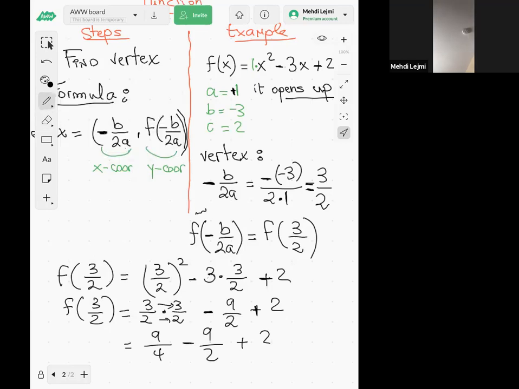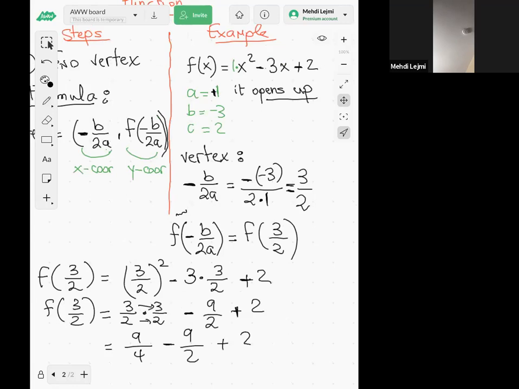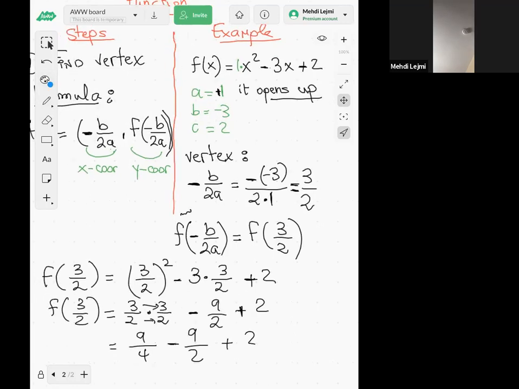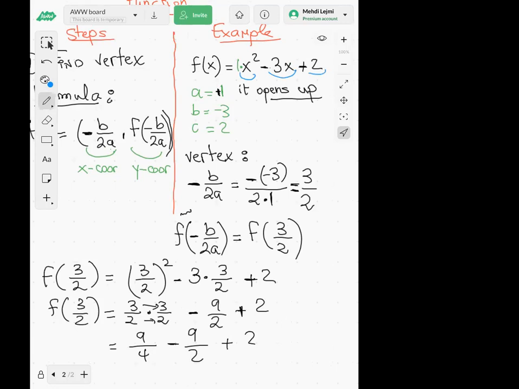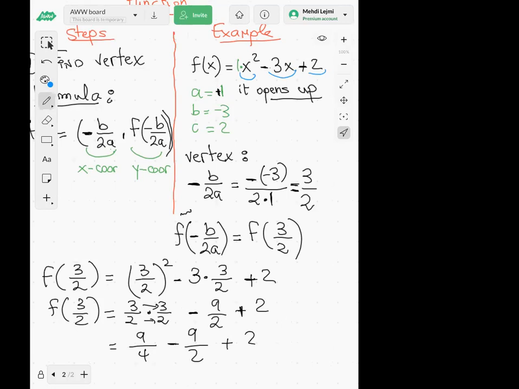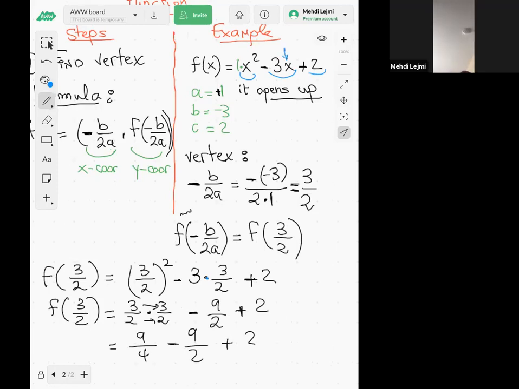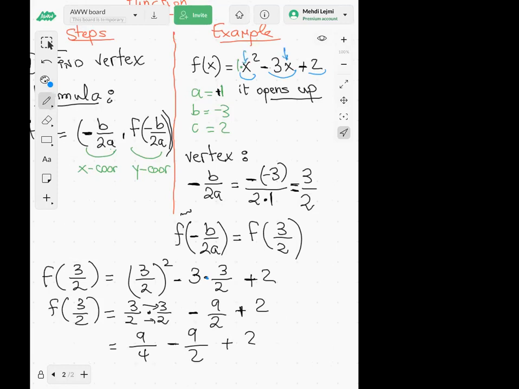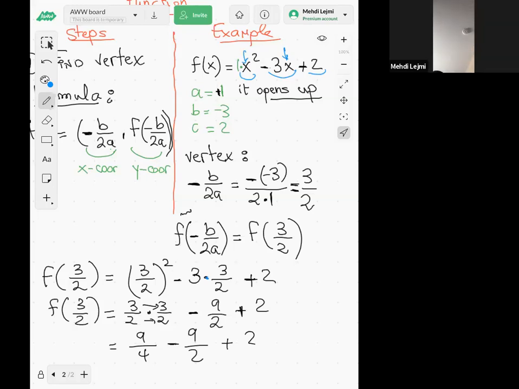This is your function f: f is x squared minus 3x plus 2. So I'm going to plug 3 over 2 into the function f. It's 3 over 2 squared minus 3 times this 3 over 2. Your x is 3 over 2 here, so you're just replacing everything with 3 over 2. Yeah, absolutely.